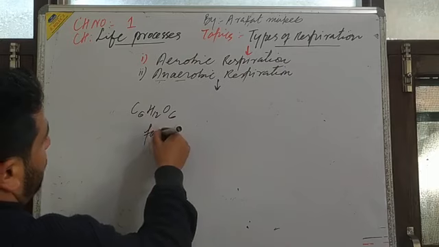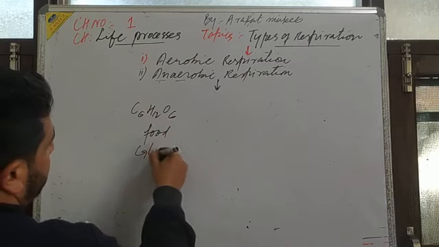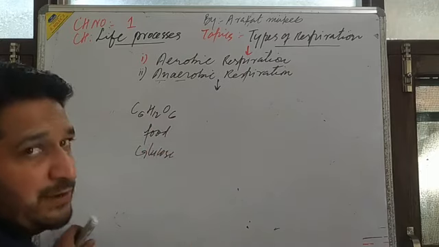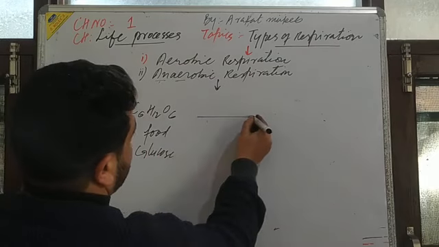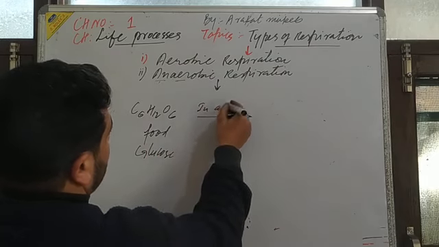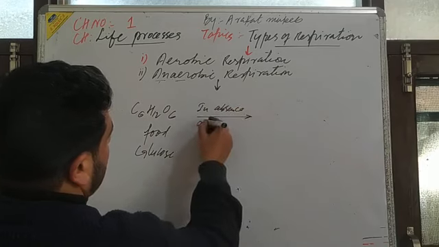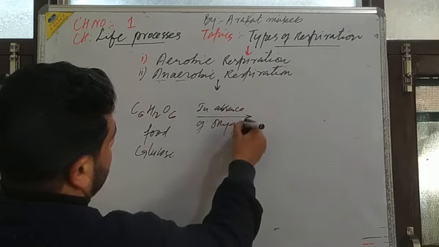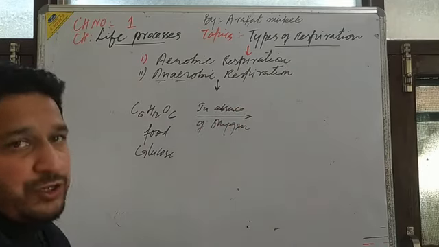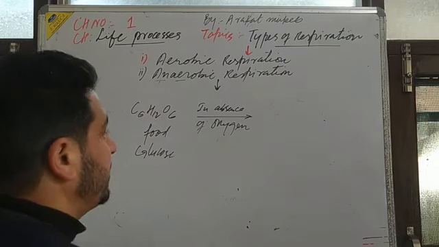Simple food as glucose, and in the absence of oxygen, they convert this glucose. It shows anaerobic type of respiration.